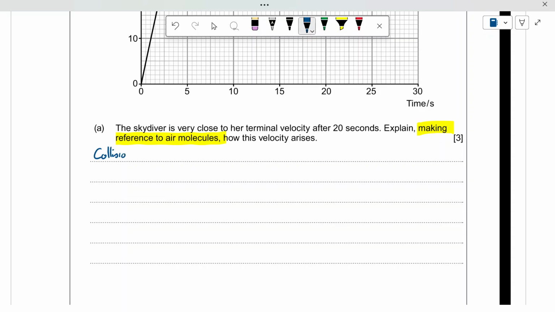So, collision with air molecules when moving. I've not spelled molecules correctly. Let's try that again. Collision with air molecules when moving causes transfer of momentum, I'm going to say.